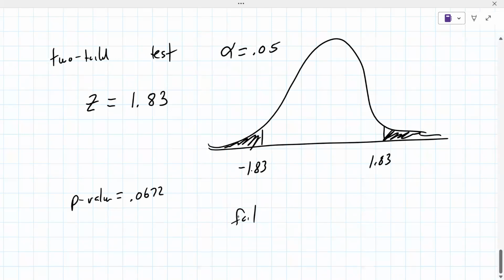This is a fail to reject. All right, good job on that.